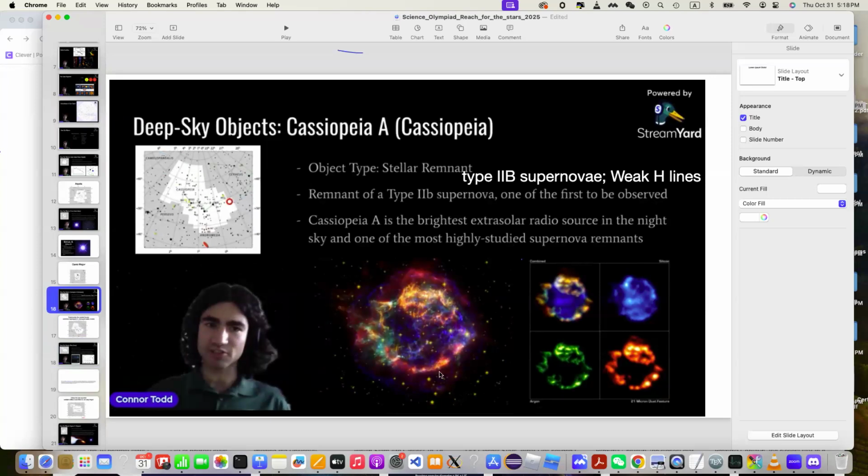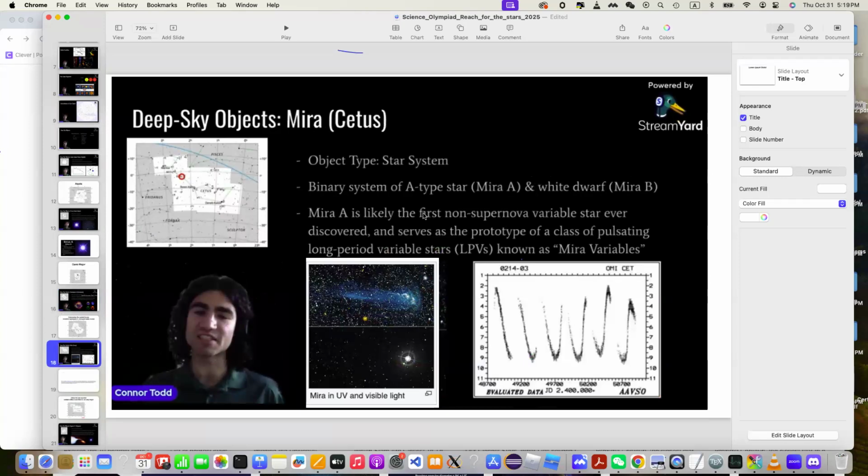These nebulae or remnants are envelopes exploded from the star, from the supernova. But for a star, usually you cannot resolve it, so it is basically a point. Mira is also an A-type star. So that is Mira A, and a white dwarf, that is Mira B.